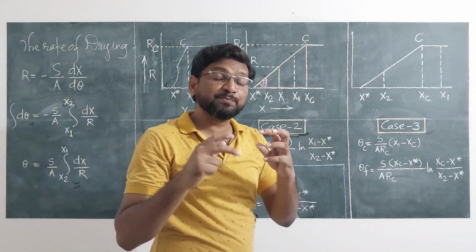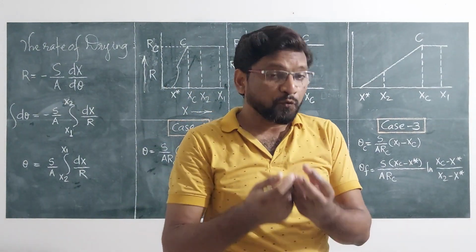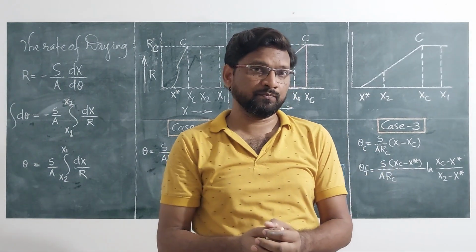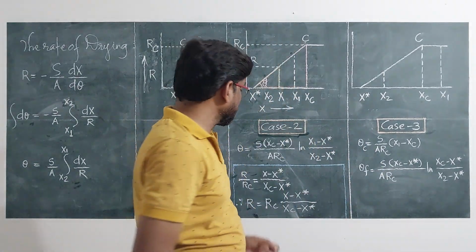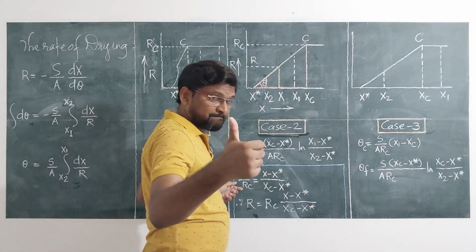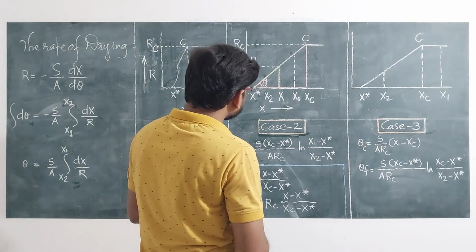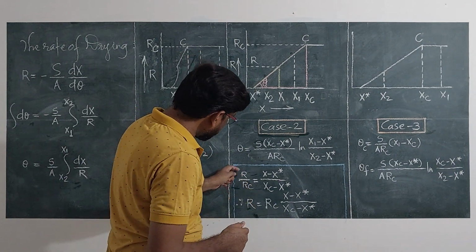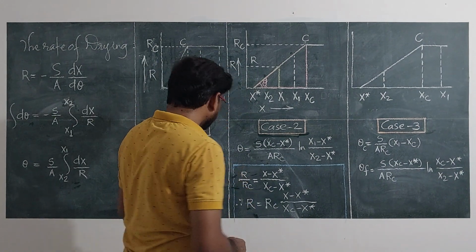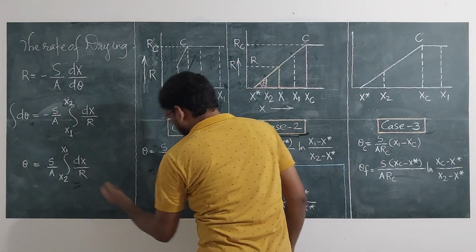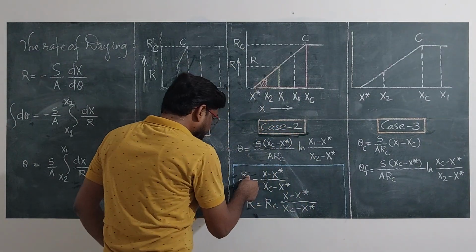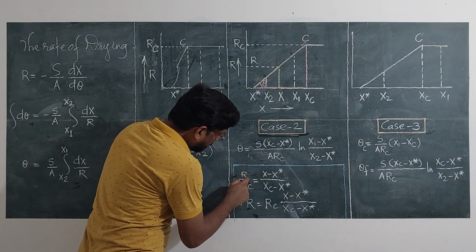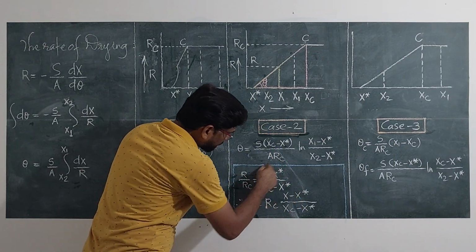It is beyond the scope of my video, because it will consume a lot of time and you are quite wise to solve this. Okay, good. So ultimately, this R is to be placed in place of this R. So this R would be equal to RC into this ratio.